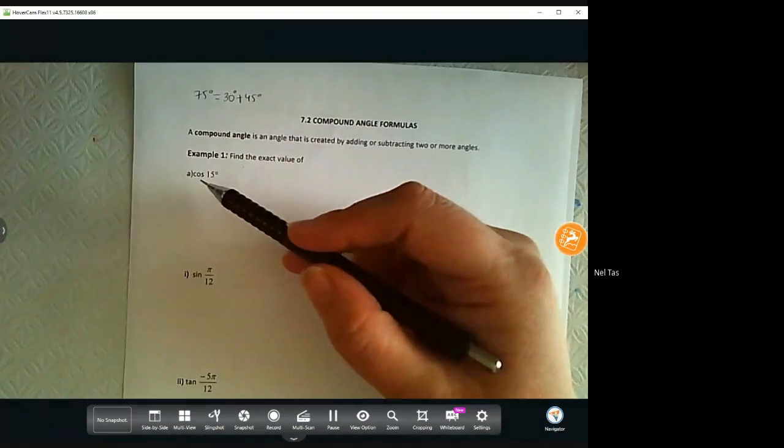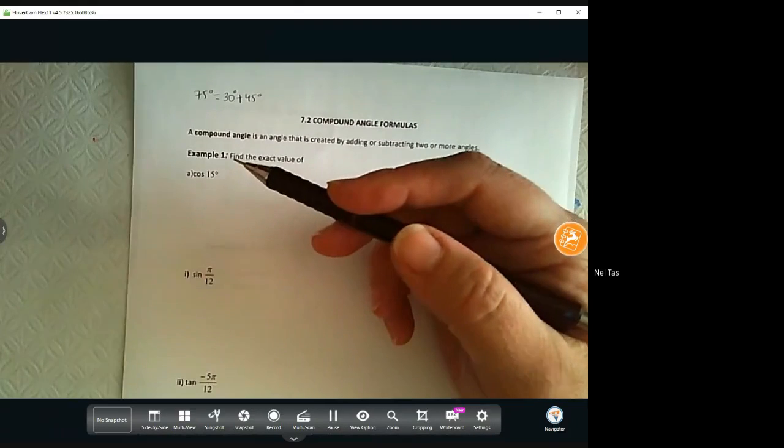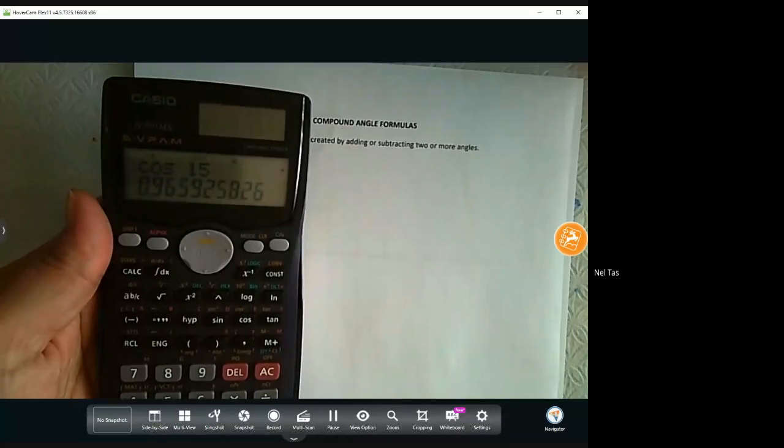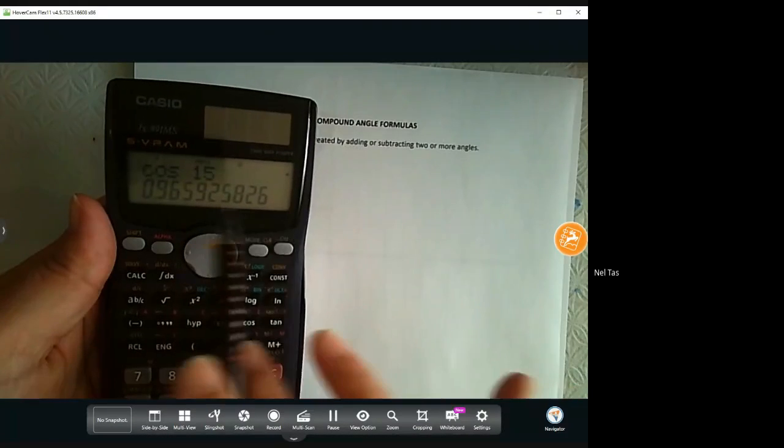Let's say you want to find the cosine ratio of 15 degrees. Yes, you could do it using your calculator, so cosine 15, and you definitely have an answer here. But it is a decimal value, not an exact answer.